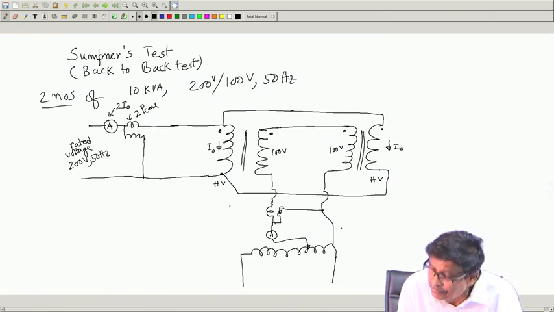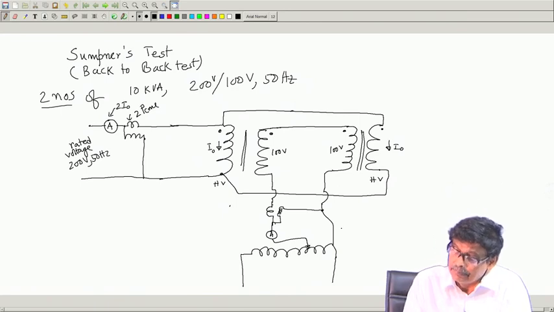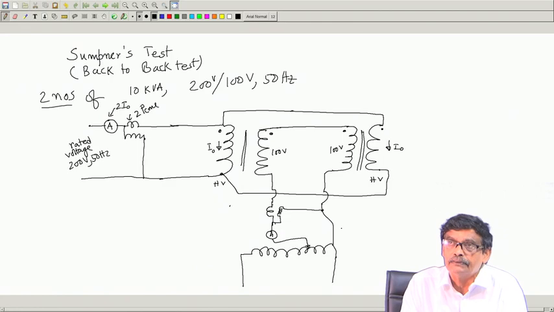you apply a little voltage and increase slowly. Then what will happen? What is the net EMF acting in the circuit now? This 100 volt will cancel out, as if they are not there.